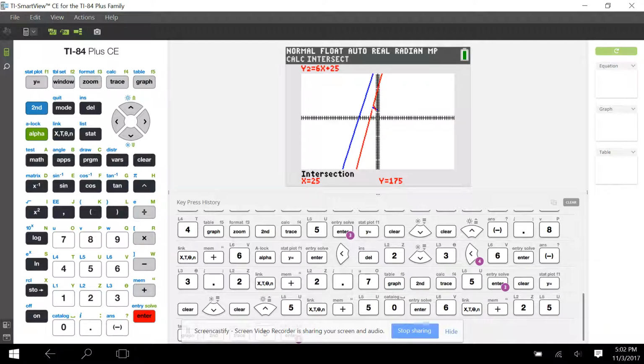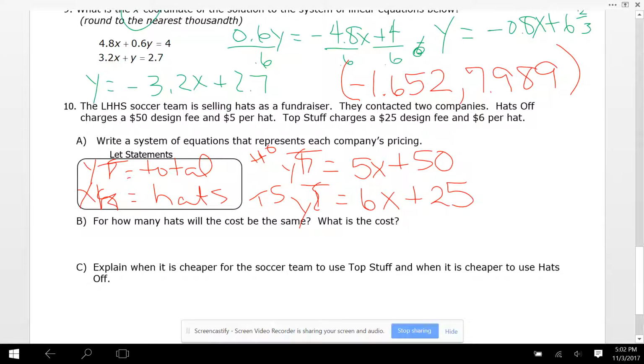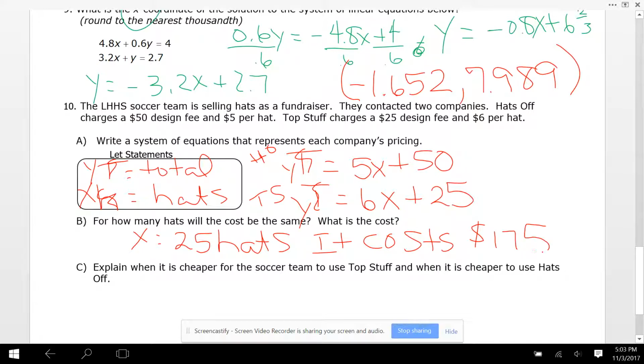Oh, no, it does give me, okay, I was wrong, I lied. All right, okay, so for 25 hats, it costs $175. So either company, if you buy 25 hats, it costs exactly the same amount.